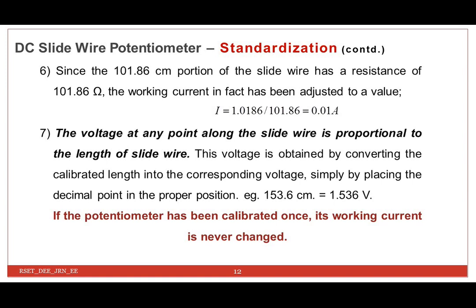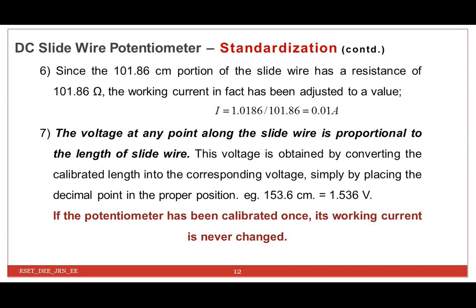The voltage at any point along the slide wire is thus proportional to the length of the slide wire. This voltage is obtained just by converting the calibrated length into the corresponding voltage simply by placing the decimal point in the proper position.